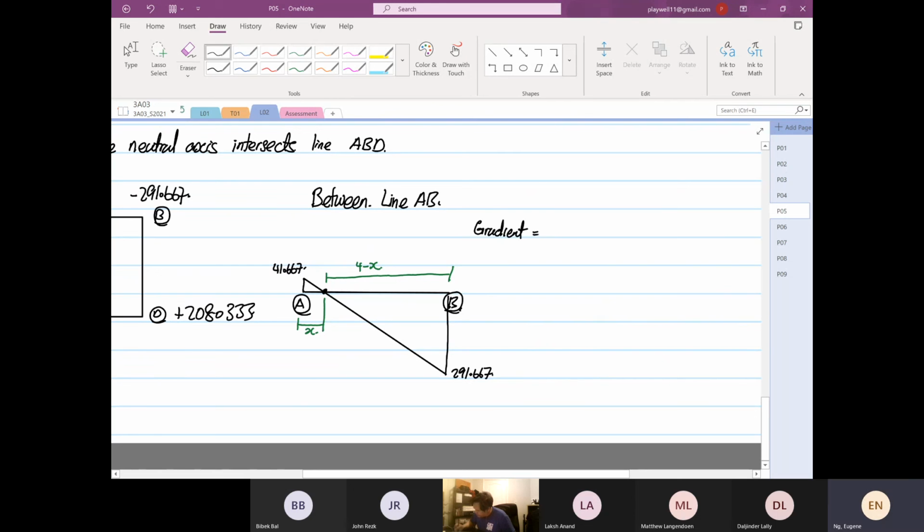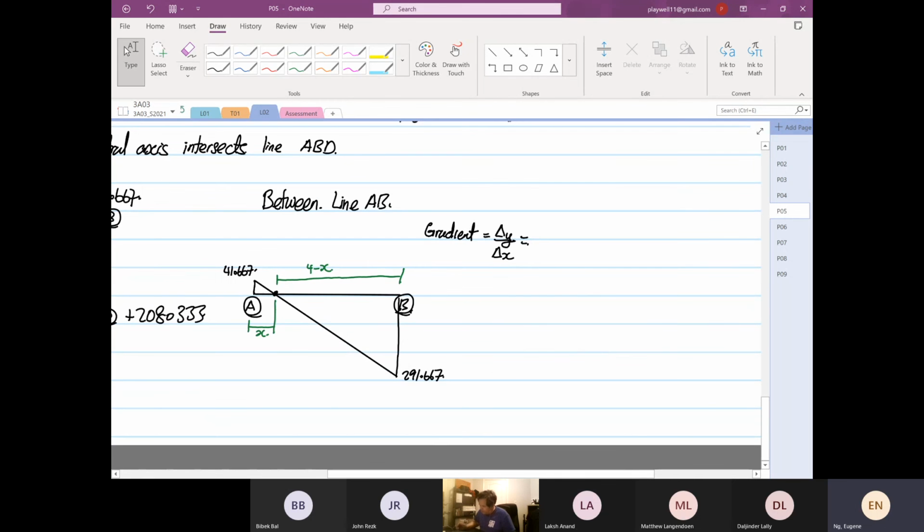They all lie on the same gradient, so it's equal to change in Y over the change in X. So the change in Y is equal to 41.667 divided by X, and this will be equal to 41.667 plus 291.667 divided by 4.